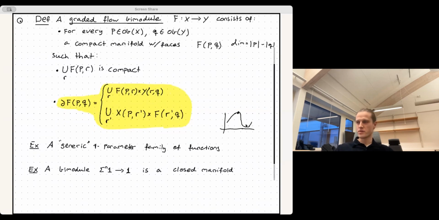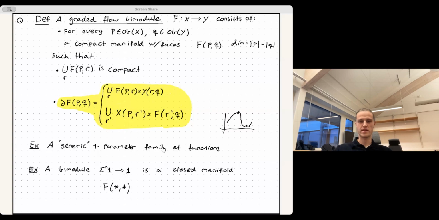A very important example is that if you look at these very small flow categories with only one object, then this one has one object and this one has one object. So to specify a bimodule, we just need to specify a single manifold, F_pt. It is not allowed to have any boundary because there are no other objects, so this has to be a closed manifold.